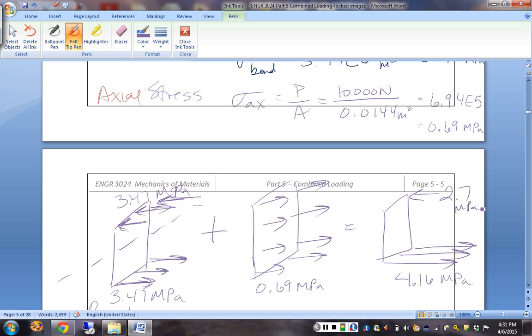Does that make sense? So would that be the final answer? So your final answer, what's the worst case? The worst case is 4.16 megapascals of tensile normal stress at the bottom of the beam. Because these guys are opposite sign, they lessen the effect.